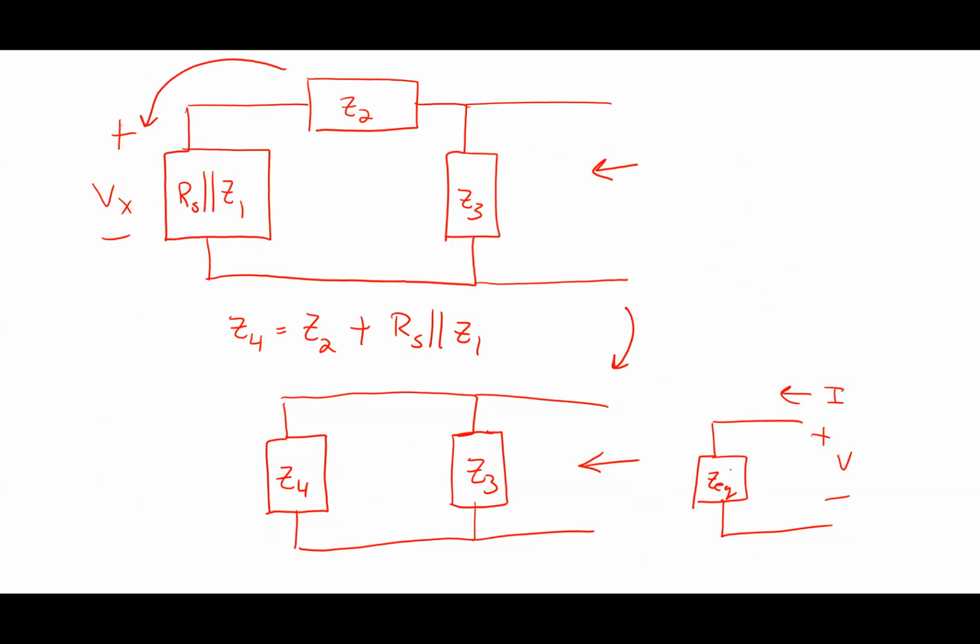So now I get to this idea that I got ZEQ, and ZEQ is equal to Z3 in parallel with Z4. All right. So I defined all these different impedances here. So if I want to keep this sane, what I said was ZEQ is Z3 in parallel with Z4.